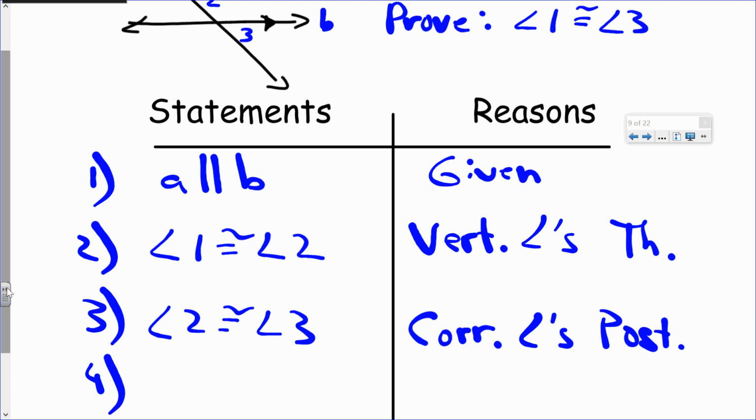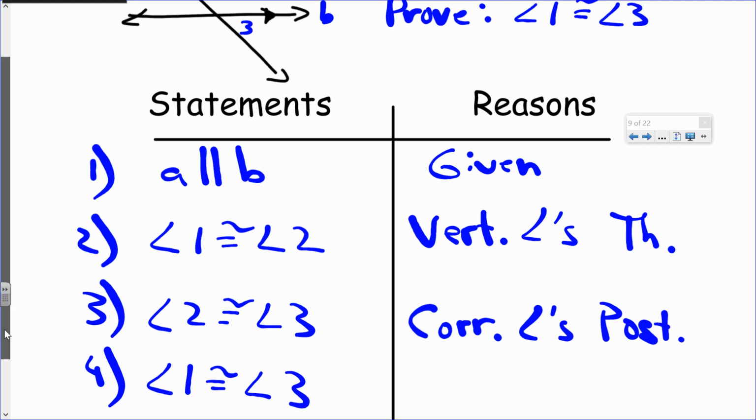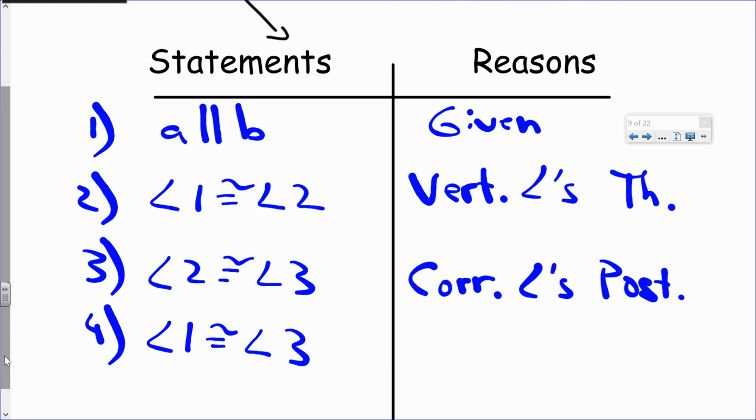You always write given for your first statement. What is it you always write for your last statement? Well, you have to prove. Angle 1 is congruent to angle 3. Why though? What gives me the right to say this? Consult your law book.